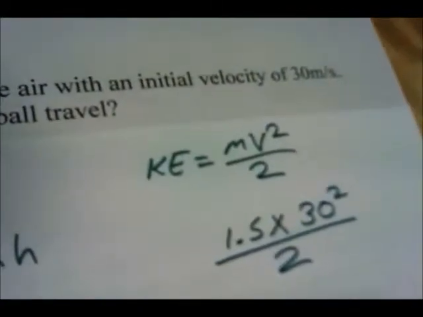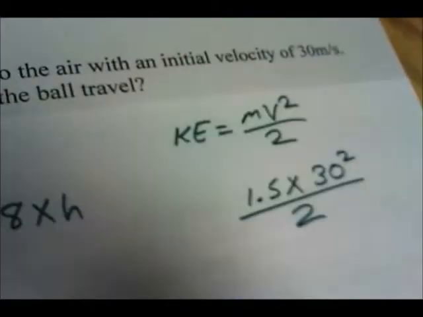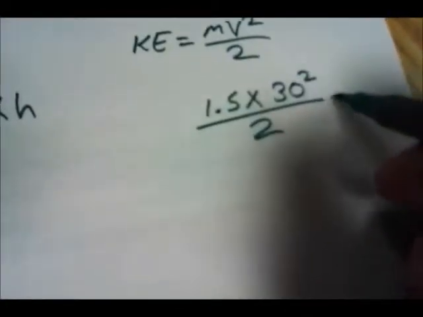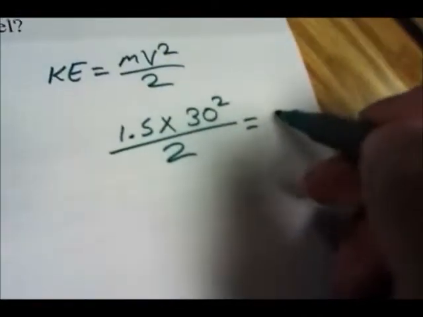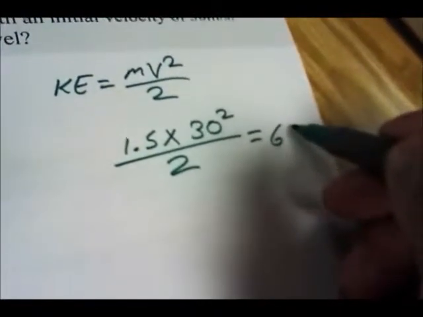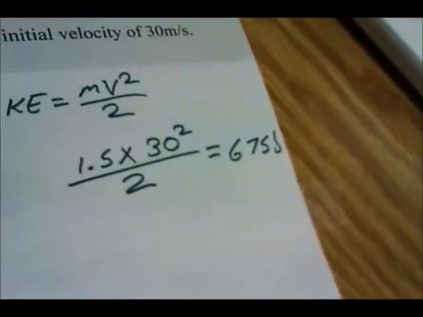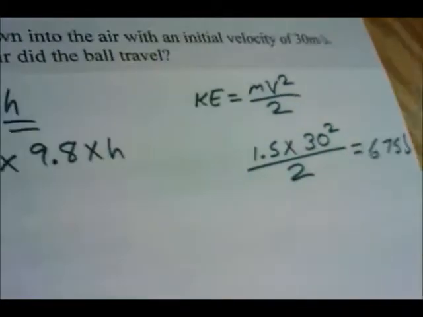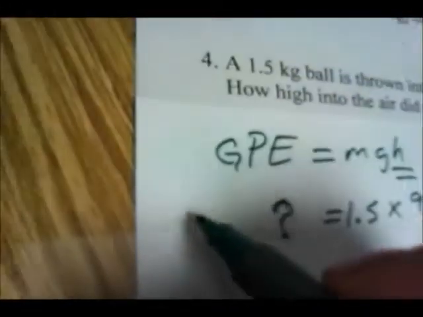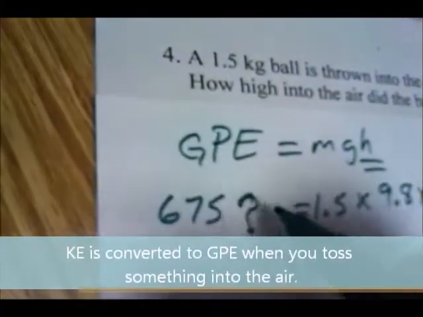When we do the arithmetic on this particular problem, we get 675 joules. This is not the answer to the problem. This is simply our kinetic energy, 675.